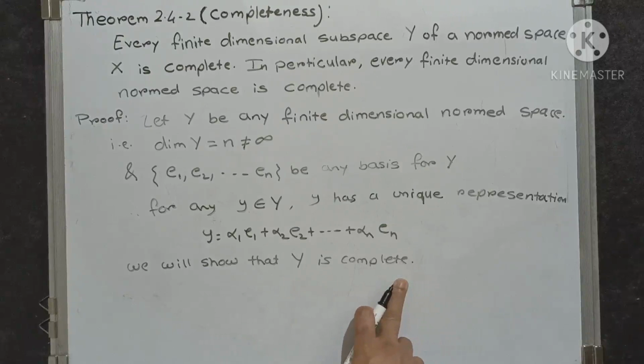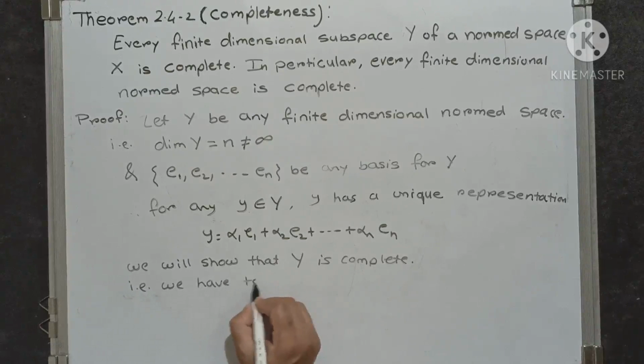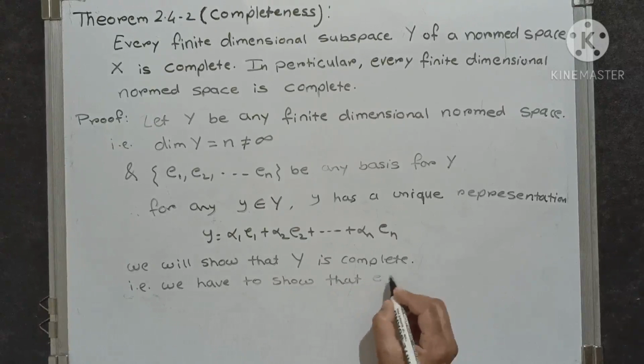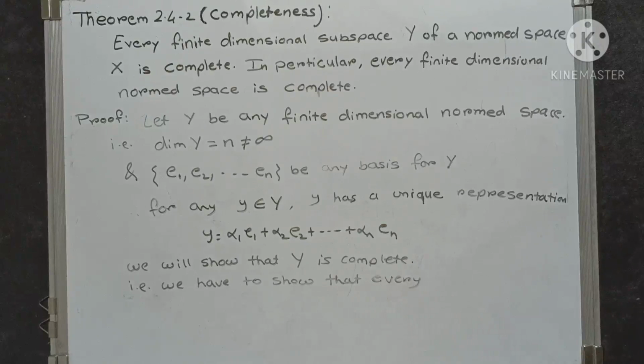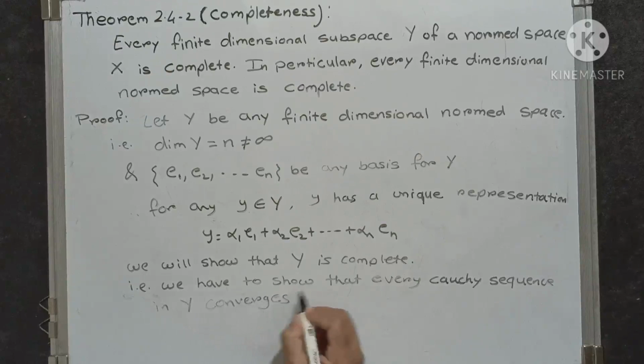To show that capital Y is complete, we have to show that every Cauchy sequence in Y converges in Y. So we start with an arbitrary Cauchy sequence in Y, and we have to show that this Cauchy sequence converges in Y.